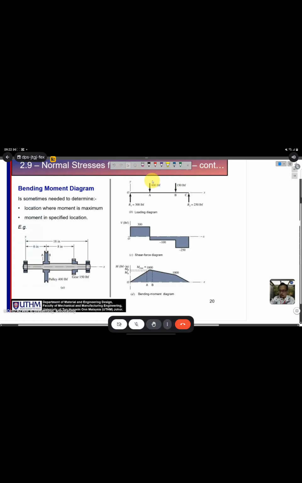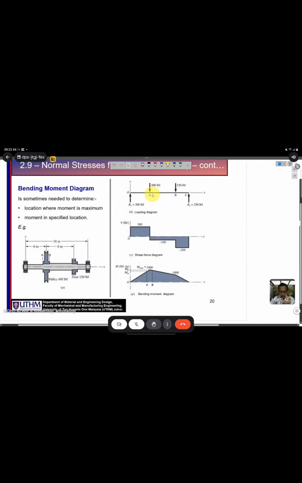Then from these two forces, you need to calculate the reaction forces at O and C using the equilibrium theory. Total moment acting at O will become 0. Total force acting in the Y direction will become 0. Then you will get 300 and 250, as I previously discussed.